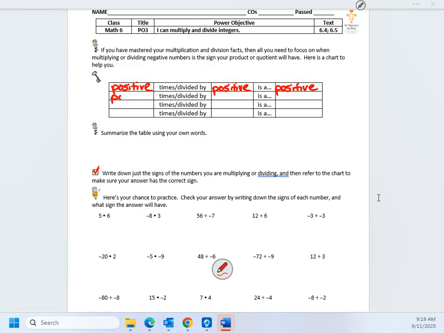Now we have a positive number that we are going to multiply or divide by a negative number. What is our answer going to be? If they are not the same, if you multiply or divide a positive by a negative, they're not the same, your answer will always be a negative.